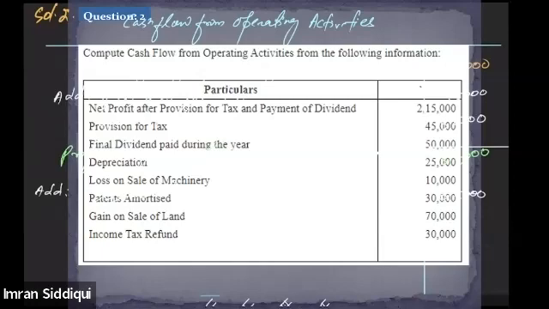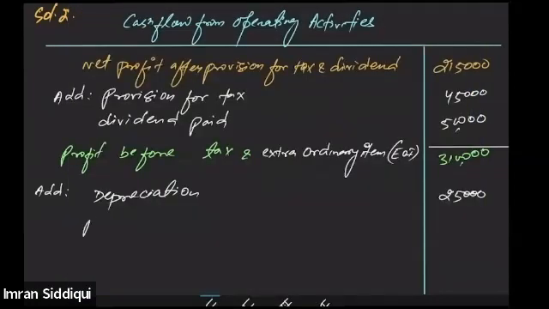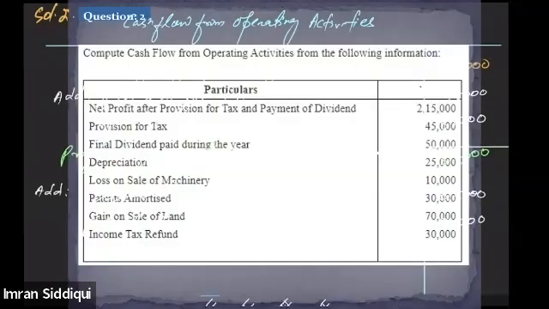All right. Then apart from this, loss on sale of machinery is also given. We'll talk about that later. Amortization, patent amortized is given as 30,000. All right. Then gain on sale of land is given. Income tax refund is given. Okay.